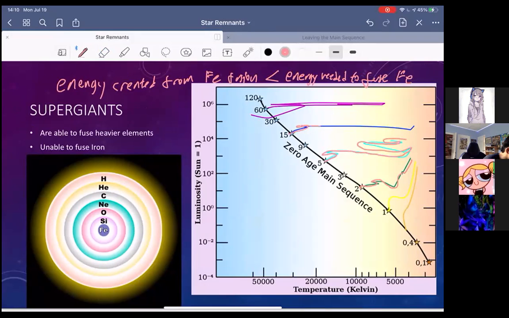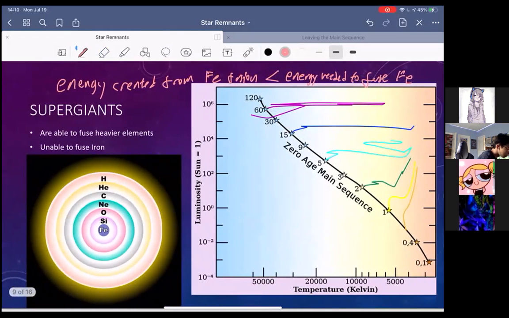And the reason why this one seems so flat is because it's traveling back and forth so quickly that you can't really tell anymore. At 60 solar masses, you can see the same thing. It's just going back and forth so many times, and that's super quickly, that you can't really tell that a new shell is being formed by just looking at the graph. So that's why you have these different shells.